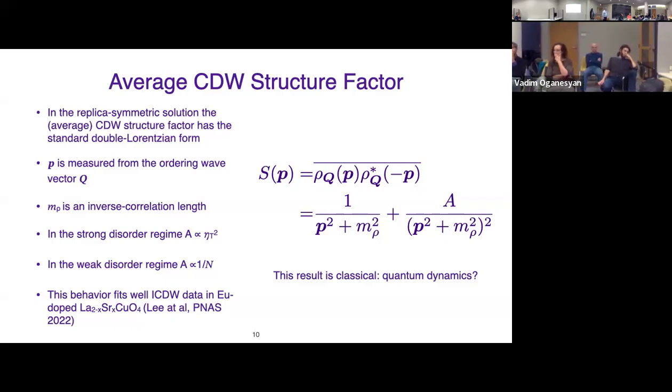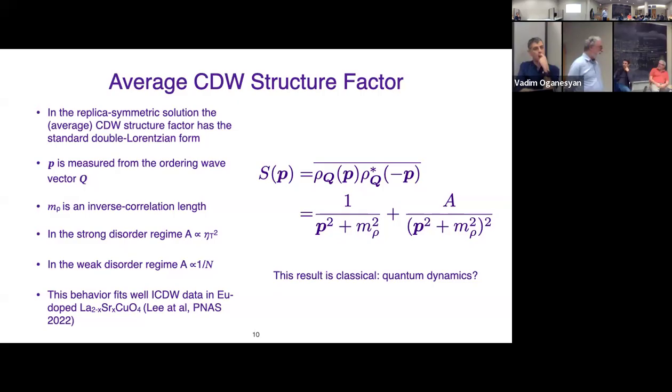Now, expressions like this have been used for ages. They were introduced by, I think, Birgeneau and collaborators, who were looking at X-rays in these systems, in particular for the random field Ising model back in the early 80s. And heuristically, they saw that they couldn't fit things with a simple Lorentzian, so they introduced by hand another Lorentzian. Here it comes out of the replica method.